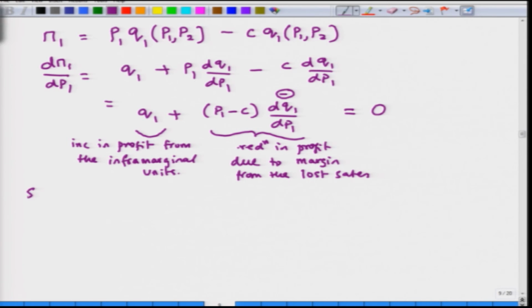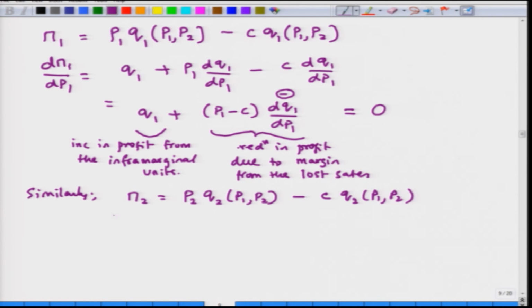Similarly, firm 2's profit pi 2 is going to be P2 times Q2, which depends on the price of good 1 as well as its own price, minus C times Q2 of P1, P2. Now, following a similar analogy, I am going to have a Q2 plus a P2 times dQ2 dP2 minus C times dQ2 dP2.